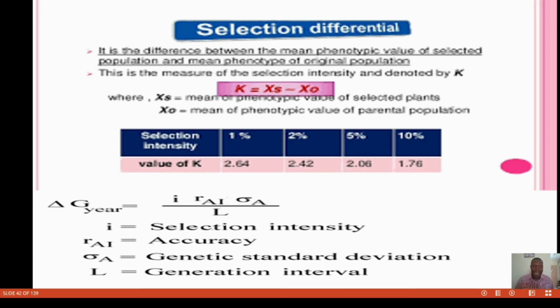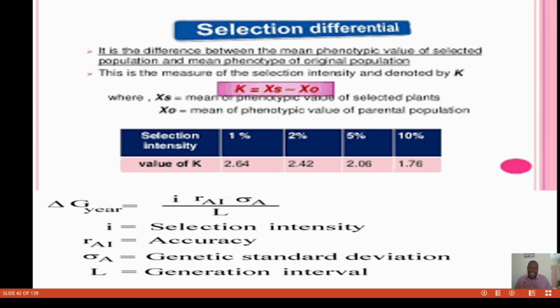Let's represent it by K. Here, X sub S is the phenotypic value of the selected parents, plants, and X sub O is the mean of the phenotypic values of the parental population.